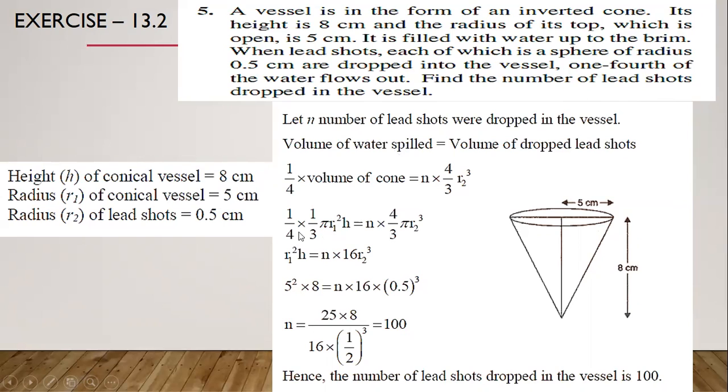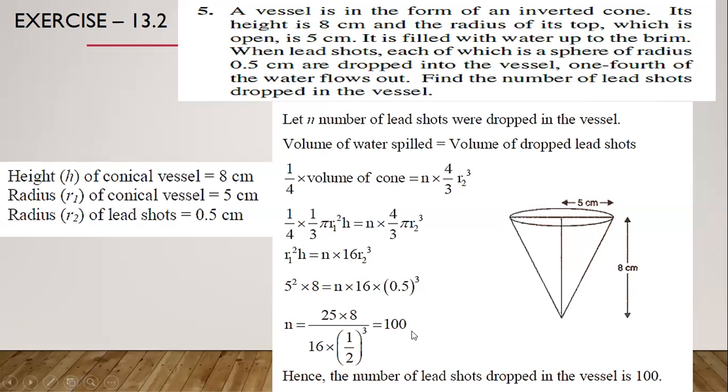So 1 by 4 into the volume of the cone, 1 by 3 pi r1 square h, is equal to n times 4 by 3 pi r2 cube. The volume of the water spilled is 1/4 of the volume of the cone. So we have substituted the formula. Now let us substitute for radius and height.